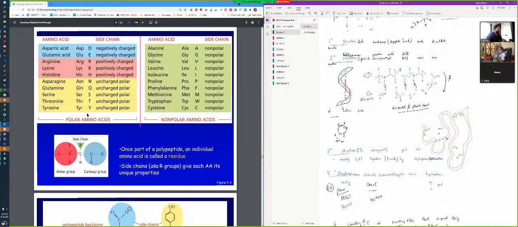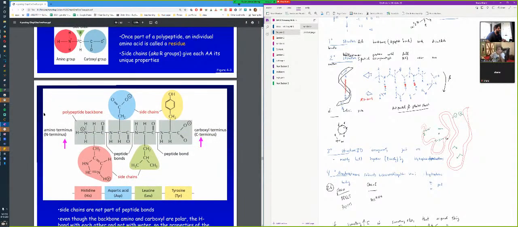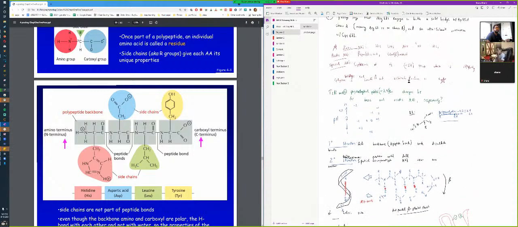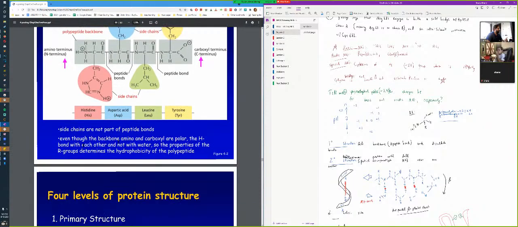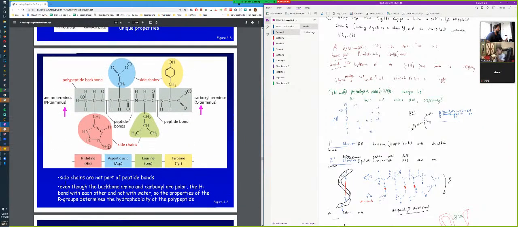And then they have side chains, which can determine if it's acidic or not. Side chains are not part of the peptide bond. So this is the peptide backbone, and these are the side chains.